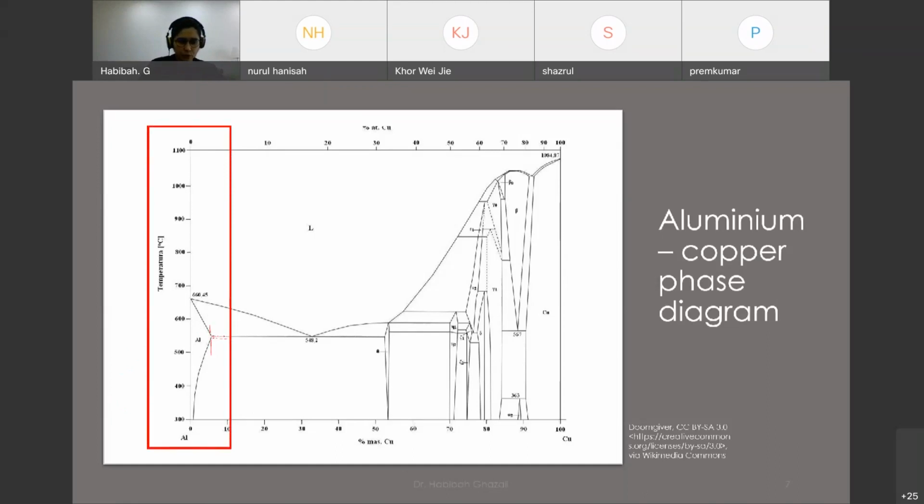So before that eutectic line, with a maximum of about 5 or 6% of copper, this aluminum alloy can be heat treated. So how do we do that? Let's do some revision on the microstructure when this alloy with this composition solidifies.